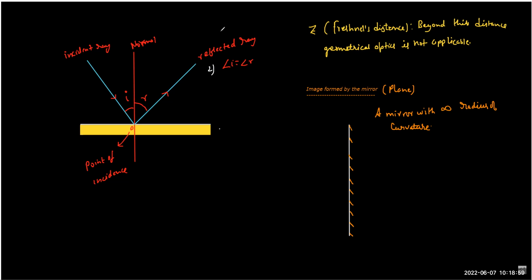And to form the image, we need a minimum of two light rays. So let's say this is the object. Any light ray which hits the mirror at a right angle will bounce back on the same path. That's called the retracing of the path.